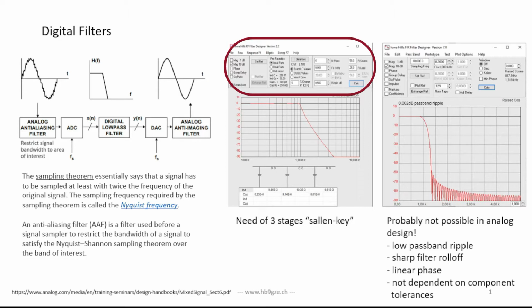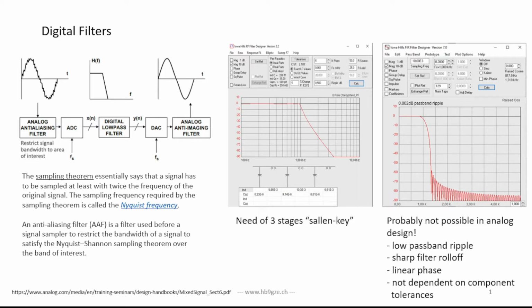You could also use active filters, probably three stages of Sallen-Key topologies in a row, and you would probably still not get this wonderful performance of the digital filter. The digital filter also, the FIR filter at least, has a linear phase response, which is very nice for high fidelity applications, high quality audio applications.